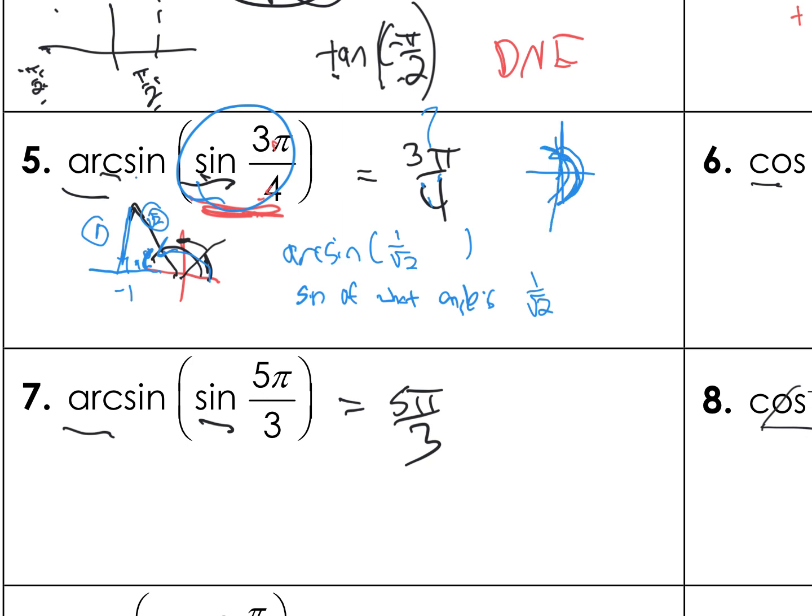So in those two quadrants, from negative pi over 2 to pi over 2, 3 pi over 4 is too big. 3 pi over 4 goes all the way into quadrant 2. So yes, you can key this in your calculator, and I think it'll give you this answer.